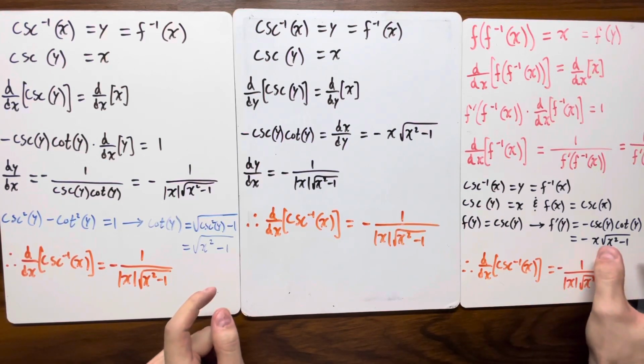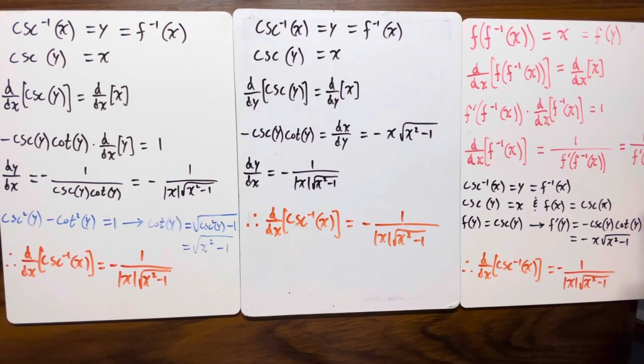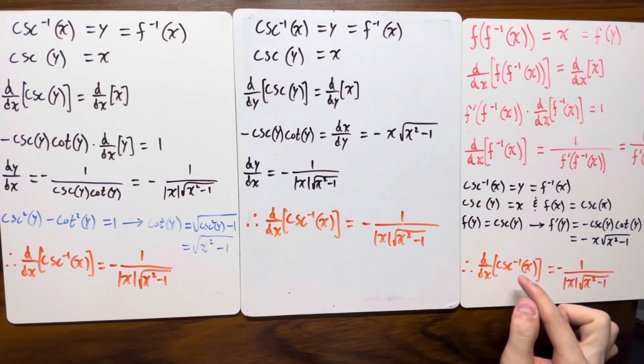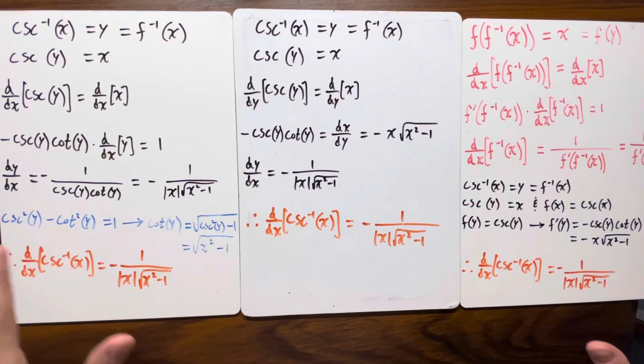So the result becomes this. But again, the formula says 1 divided by that result. So the derivative of this inverse function, cosecant inverse of x, is equal to negative 1 divided by the absolute value of x times the square root of x squared minus 1. So 3 different ways to get the same answer for the derivative of cosecant inverse of x.